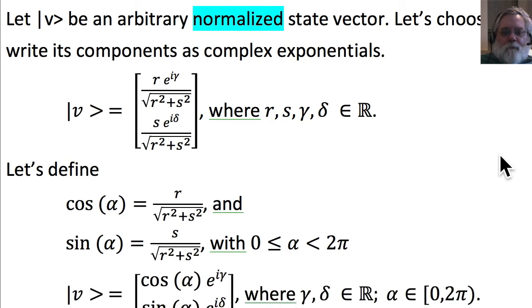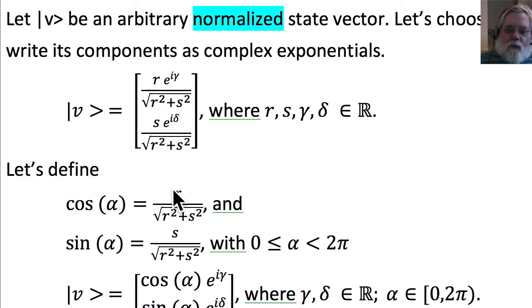Now, you might notice that in the first component we have r over the square root of r squared plus s squared. In the second component we have s over the square root of r squared plus s squared. This looks a lot like sines and cosines in trigonometry. So let's leverage that. In that scenario, r and s would be like perpendicular legs of a right triangle, and the square root of r squared plus s squared would be the hypotenuse.